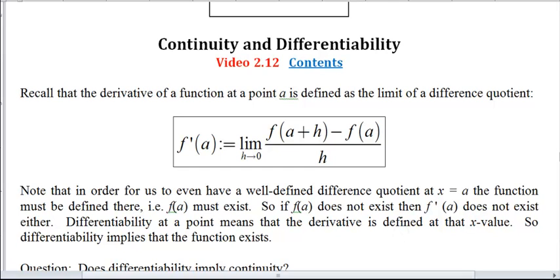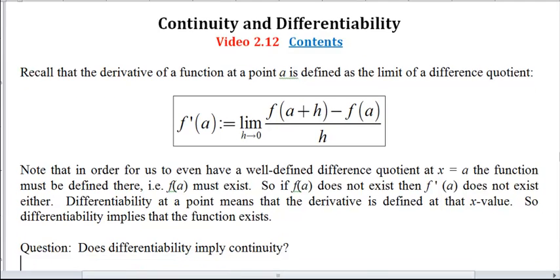Well, what about continuity? Continuity, you remember that for a function to be continuous, the function had to exist, but there was a little bit more. The limit had to exist, and they had to be equal to each other. Does differentiability imply continuity?